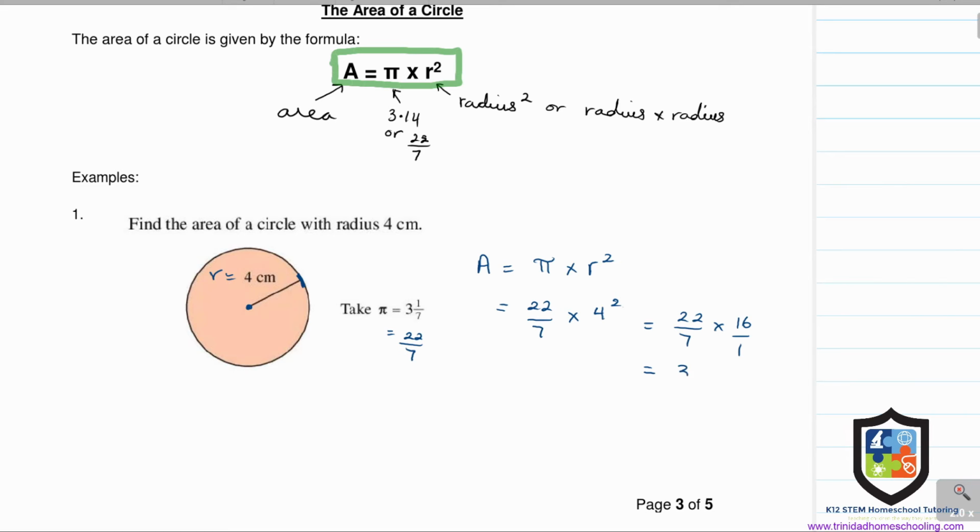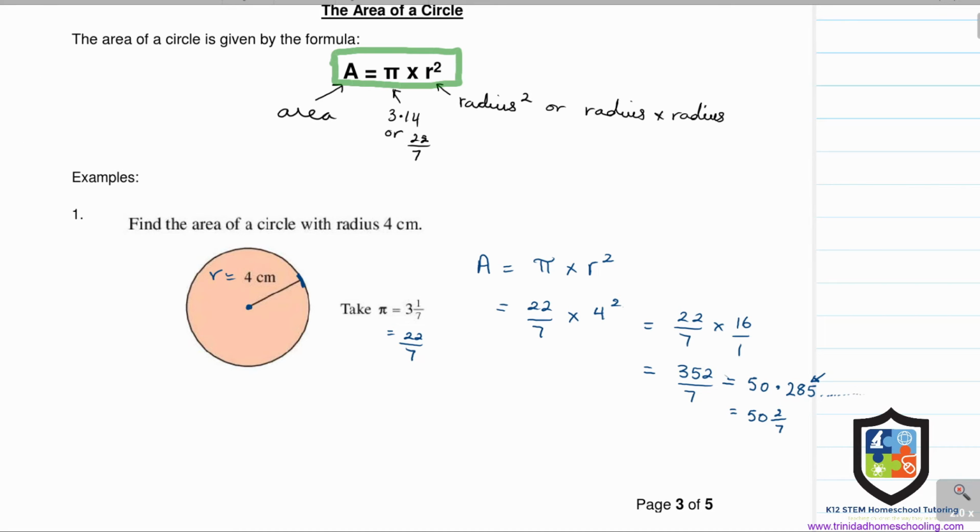And this is going to give me 352 divided by 7, 50 and 2 over 7. Okay, so if you work this out manually without a calculator, you will get 50 and 2/7 remaining. If you use a calculator, you might get this answer with some more numbers behind.